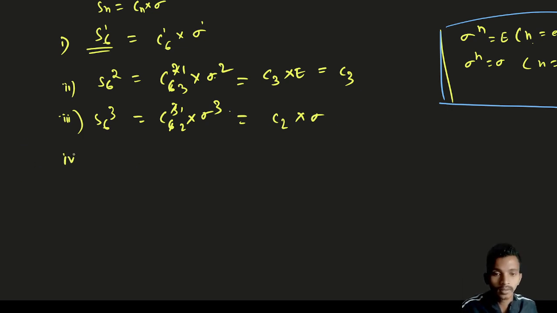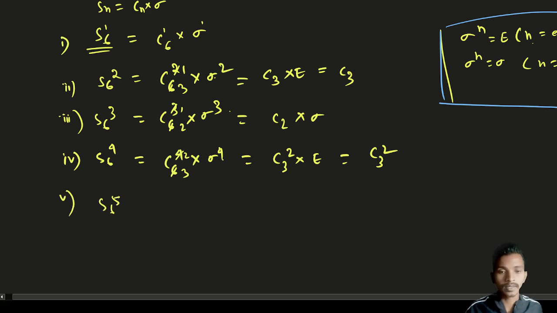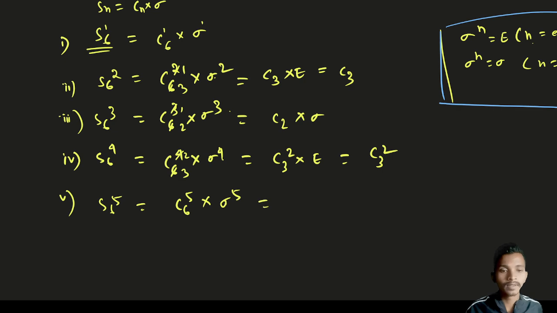Now for the case if I discuss S6 4, then this is C6 4 into sigma 4, that is equal to C3 2, and this is even, then E, that is going to be C3 2. Similarly if I discuss S6 5, then this is 5 and this is odd, so this is sigma.